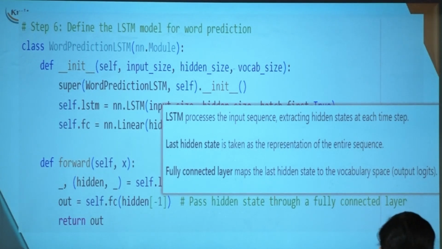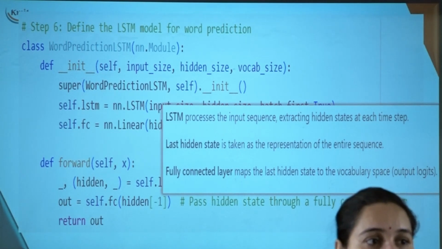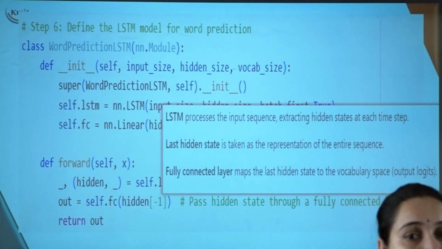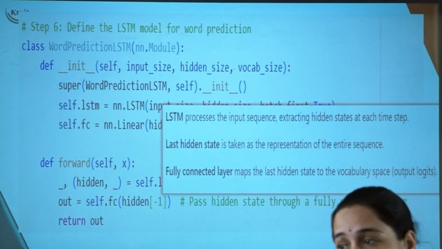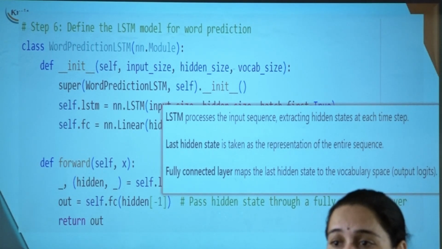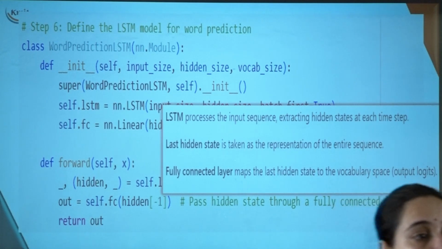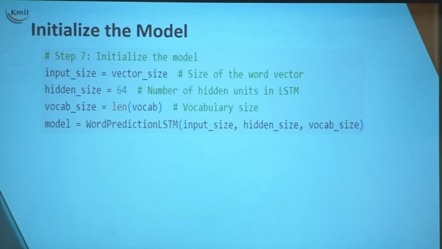The last hidden state is taken as the representation for the entire sequence. The fully connected layer will map the last hidden state to the vocabulary space. Important: technically, that vocabulary space output is called output logits. What are they called? Output logits. What do you understand by that?